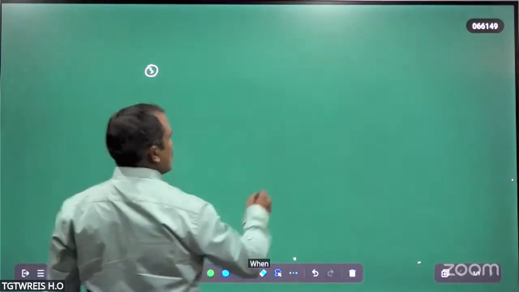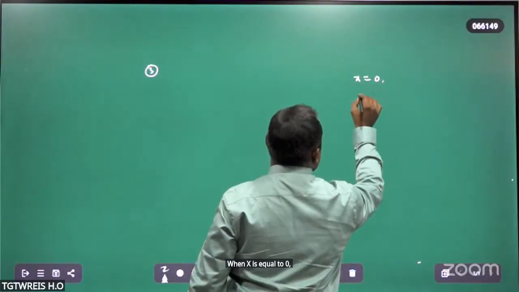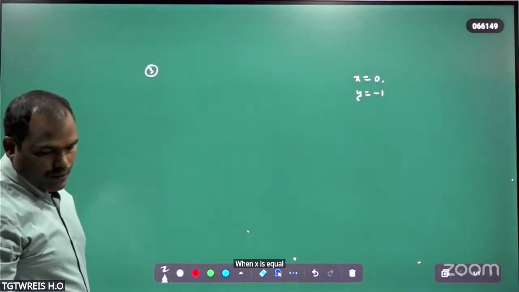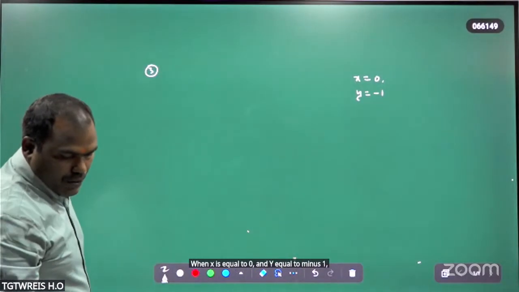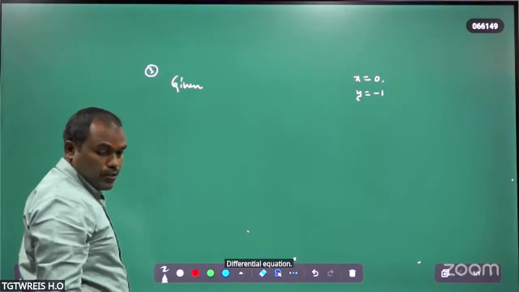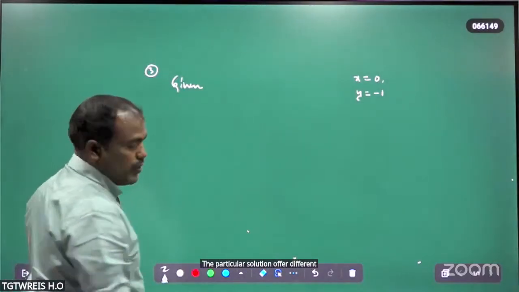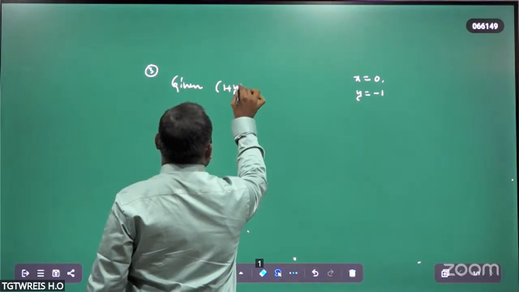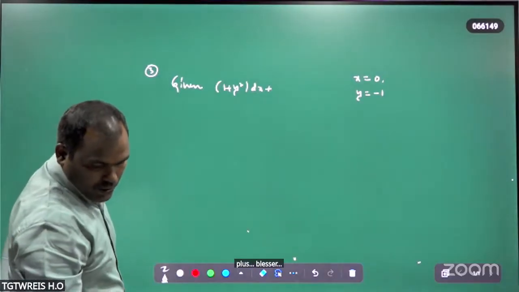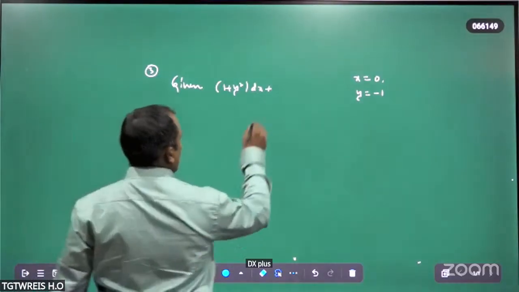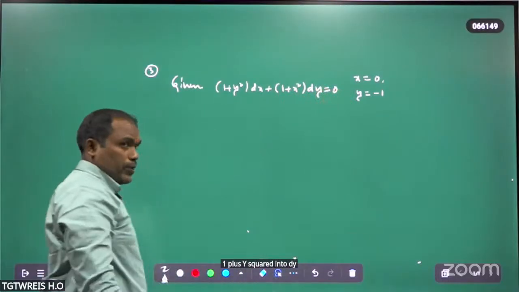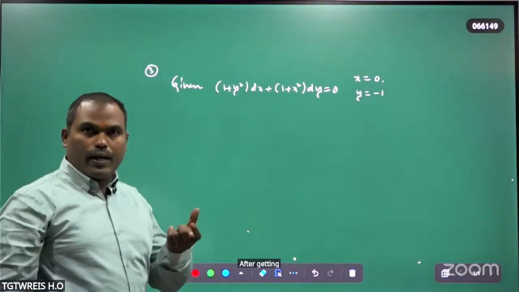When x is equal to 0 and y equal to -1, the particular solution of differential equation 1 plus y square into dx plus 1 plus x square into dy equal to 0. So particular solution means after getting answer should have no c term.